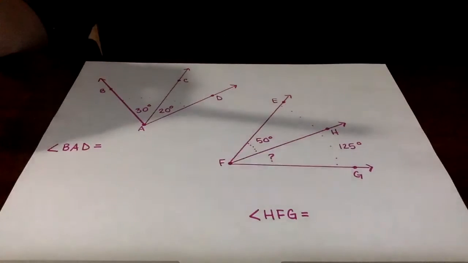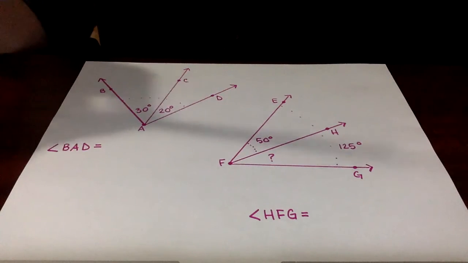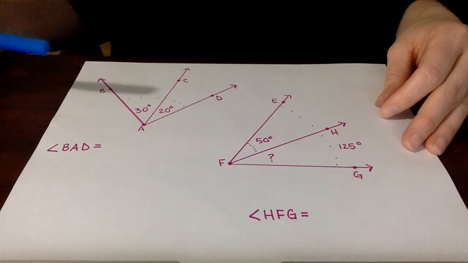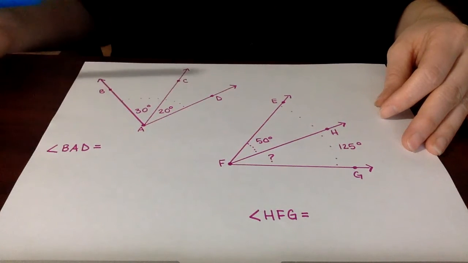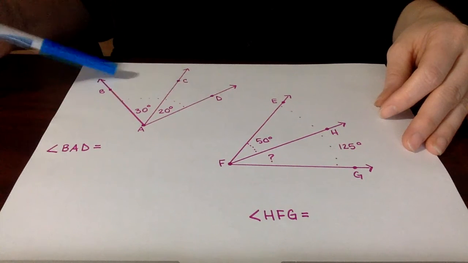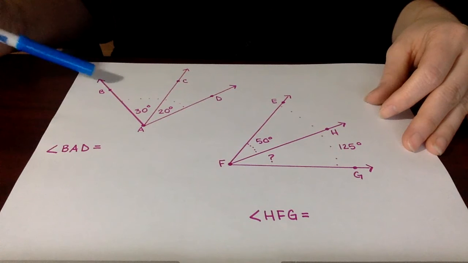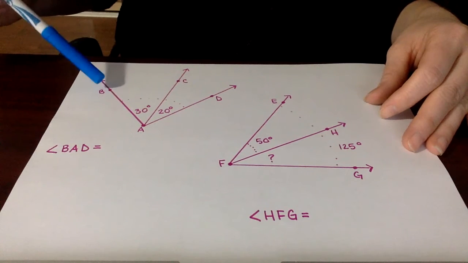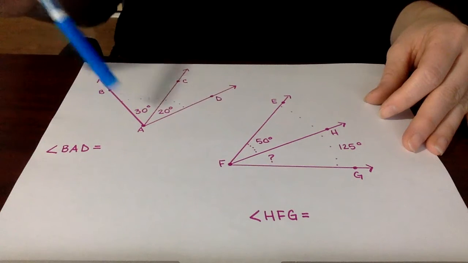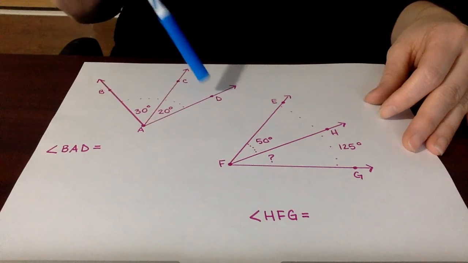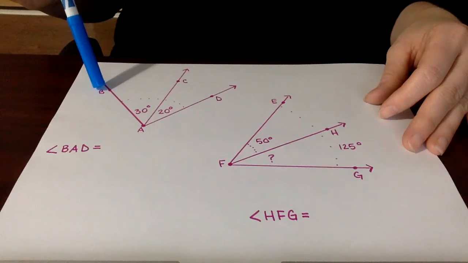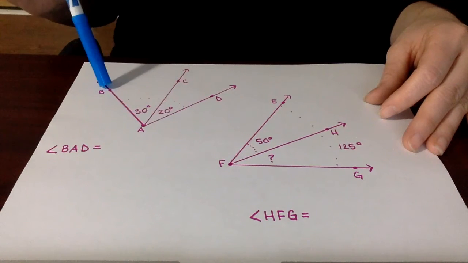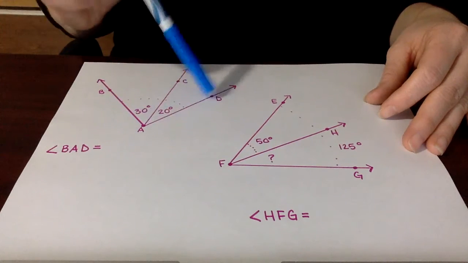For today, you have had a chance now to label angles. You've been practicing with these angles. If I call this angle BAD, or I could call it DAB, or I've got angle BAC, CAB, or angle CAD or DAC.